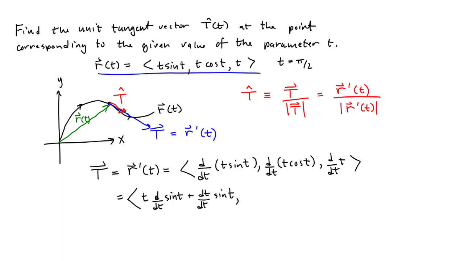In applying the product rule, we have the first term times the derivative of the second term plus the derivative of the first term times the second term. And for the z component, this is easy. The derivative with respect to t of t is just 1.